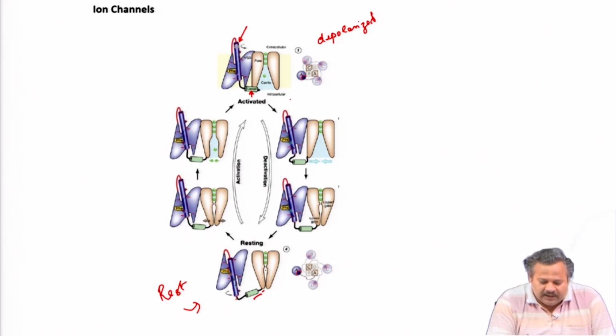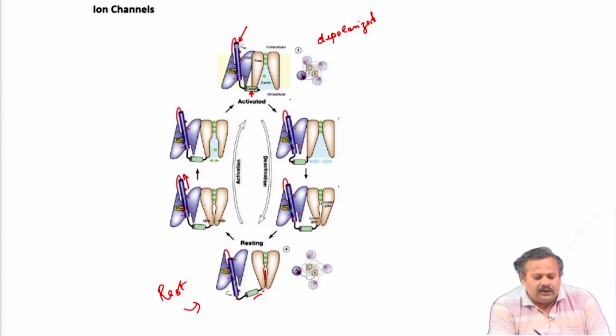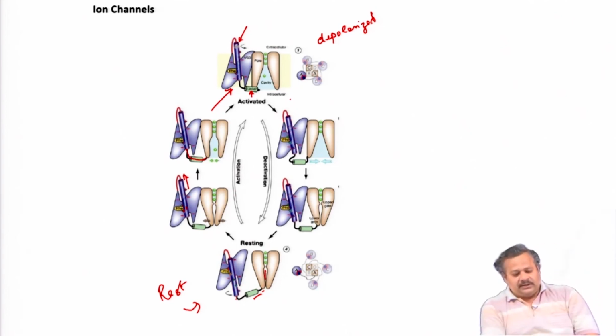So that the potassium ion cannot flow through into or out of the neuron in any case. So, when the neuron is depolarized, gradually what happens is the S4 segment with its positive charges is pushed out through the membrane, and that pulls the linker protein with it, and that actually physically opens up the bottom of the pore, and this is the final state when it is activated and open, that is when the neuron is depolarized.